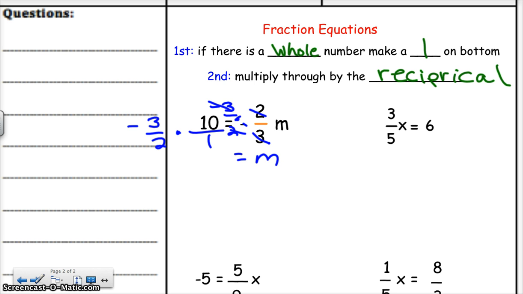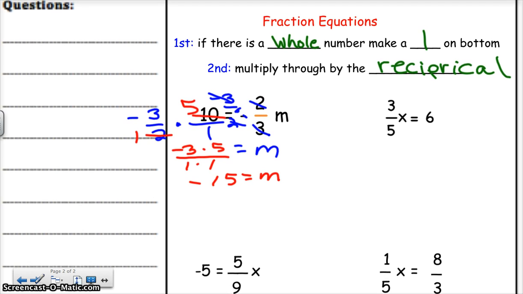Now I can cross simplify. Please do it. Do it as often as you can. 2 and 10 share a factor of 2. Now I'm going to go top times top over bottom times bottom. Negative 15 is m. Because negative 15 over 1 is just negative 15. How'd you get negative 3?